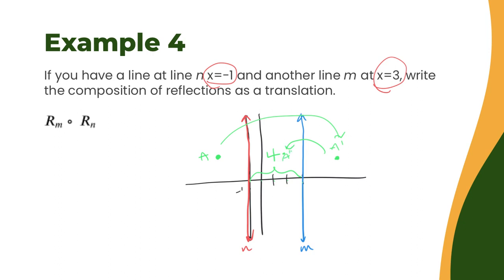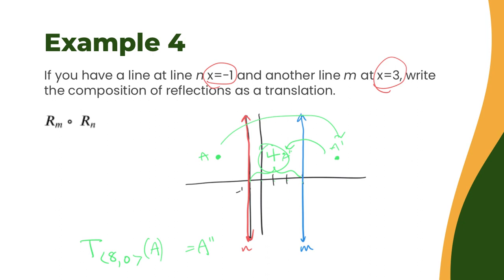The total shift, the translation from A to A double prime, will be twice as big as that. So our x direction will be 8, and our y direction, since this is going over vertical lines, will be 0.